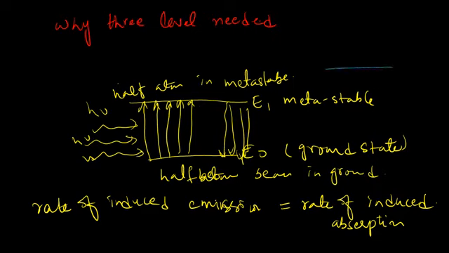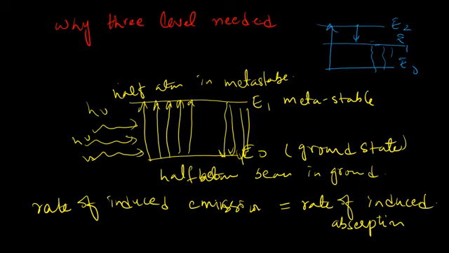So there must be three levels. When we have three energy levels, the atom will first be excited to the excited state, and then it comes down to the metastable state. So for induced emission, we have enough atoms in the metastable state. We can achieve population inversion only when we have three energy levels. So three energy levels are necessary, and these prevent the pumping from depopulating the metastable state.